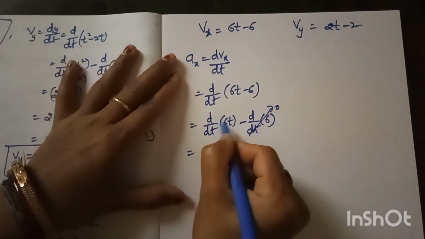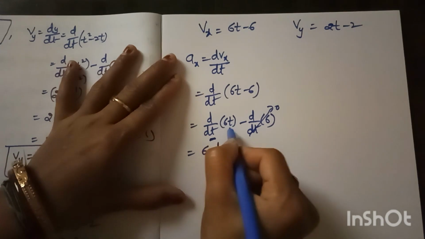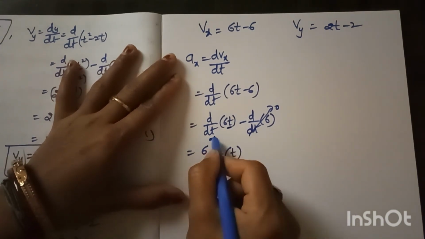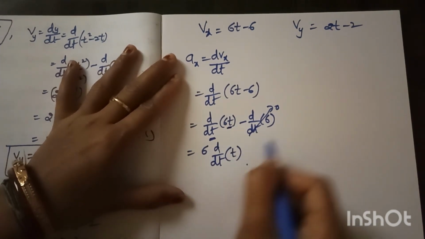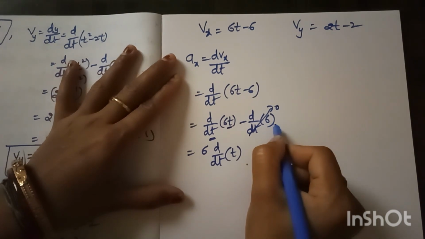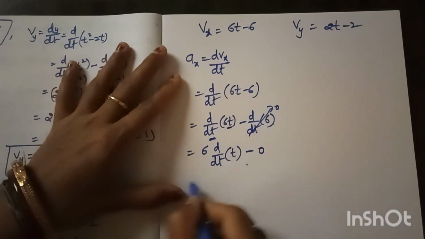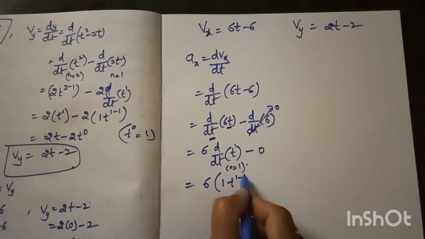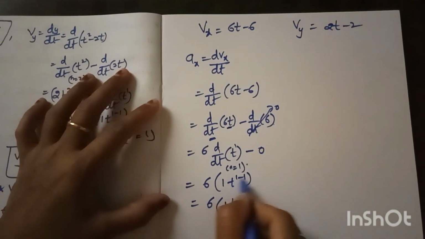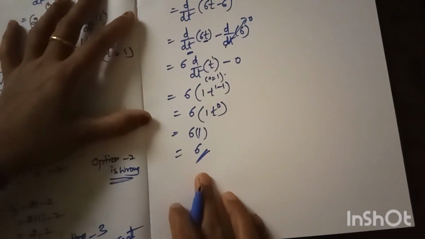So 6 into d by dt of t. Just remember, when you have t here and t in this term, you can't treat it as a constant. A constant should be a different number. When d by dt is applied to only a constant, it becomes 0. Minus 0. 6 into t power 1, n equals 1 here, 1 into t power 1 minus 1. 6 into t power 0, which is 1, so 6. So Ax is 6.